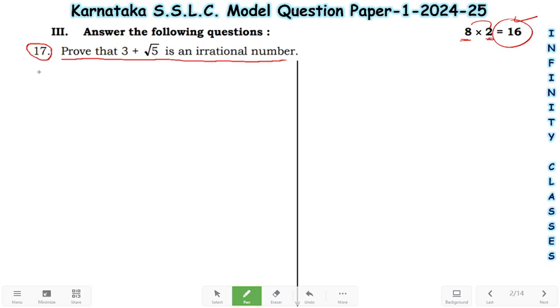So let us assume that 3 plus root 5 is a rational number.